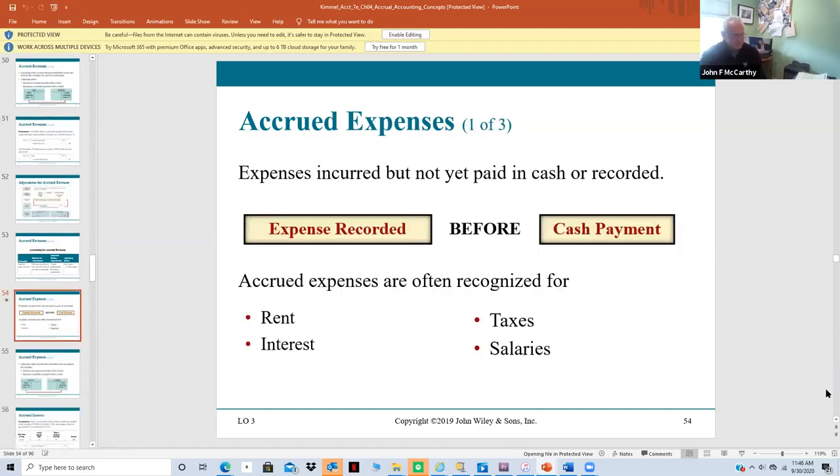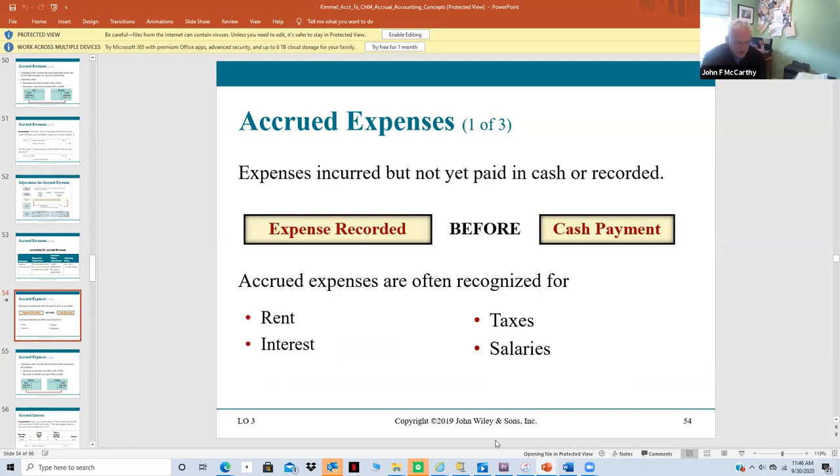All right, now expenses. Again, we recognize expenses when they're incurred, not when they're paid, because that would be cash-based accounting. So just like when we prepay an expense, we don't necessarily recognize the expense. If we haven't been billed or paid for something, we're still going to record the expense. We're going to accrue the expense.